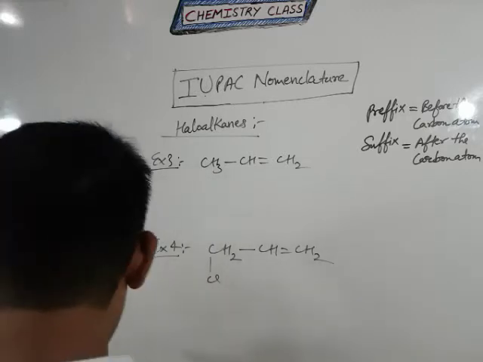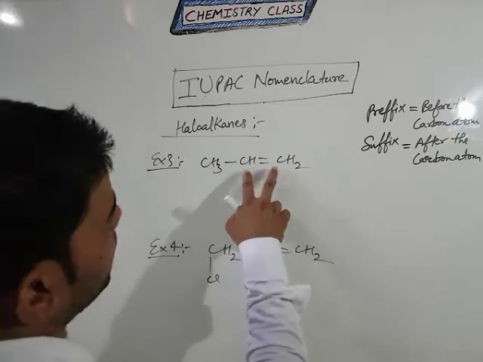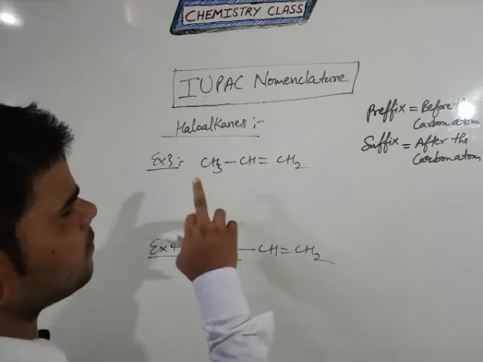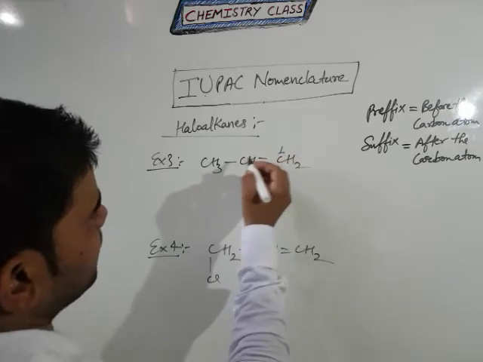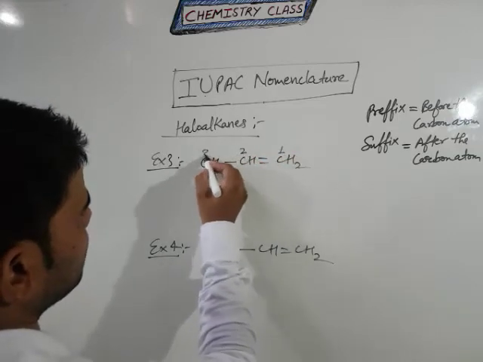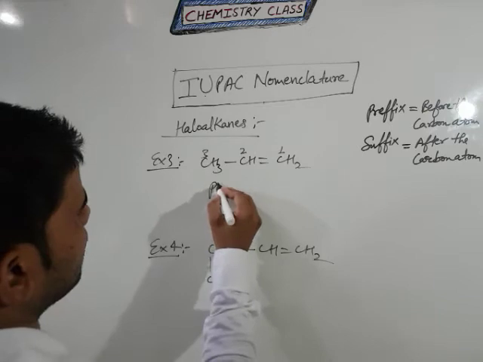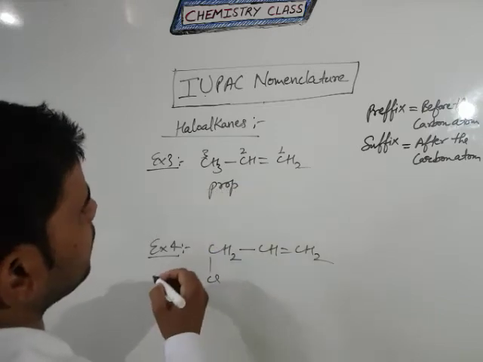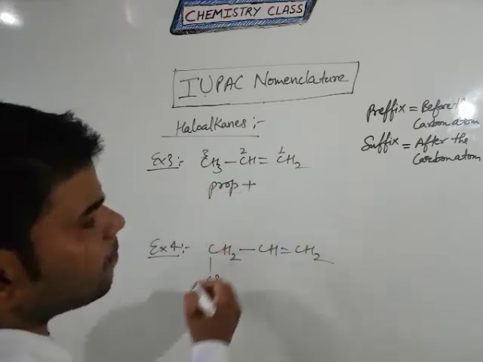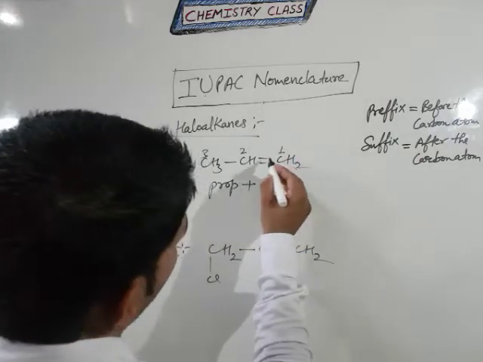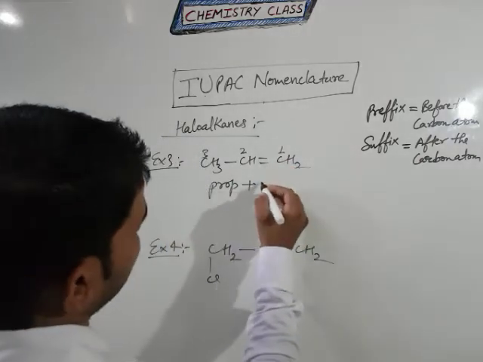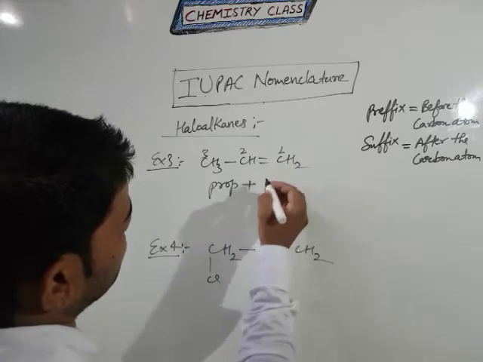In this case, the double bond priority is more as compared to the single bond. So you have to select this carbon chain for the counting, 1, 2 and 3. The number of carbon atoms is 3, that's why take prop for the carbon 3, and the double bond is there. So for the double bond, which position?